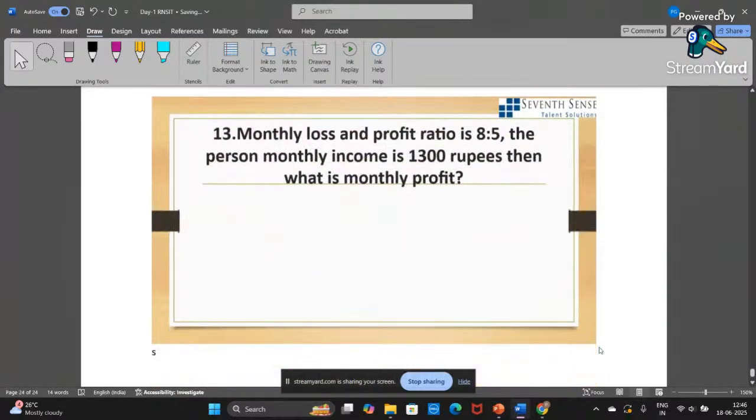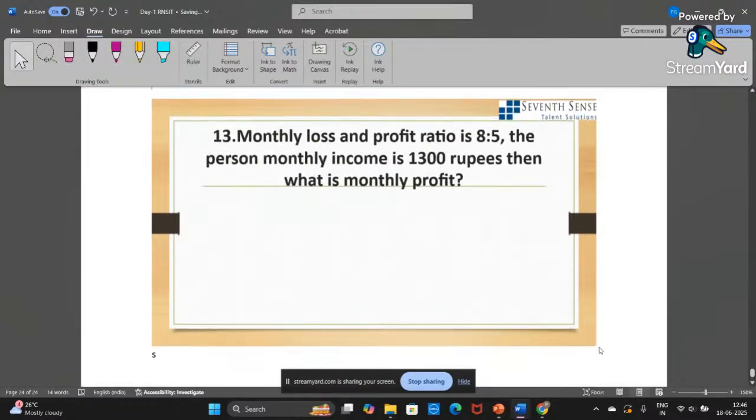Next. In a month, the loss and profit ratio is 8:5. The person's monthly income is 1,300. Then what is the monthly profit?